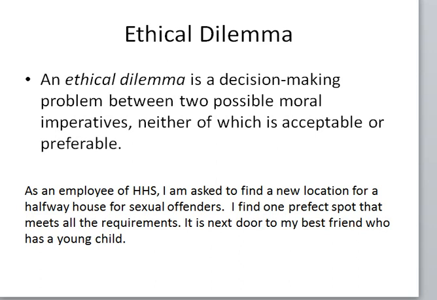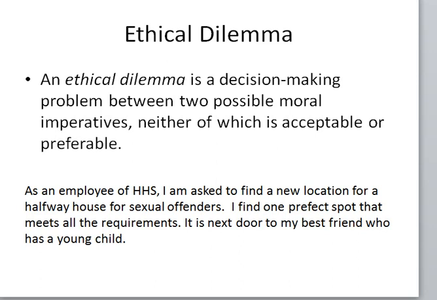And so here is my high value example. Let's say I'm an employee of the Health and Human Services Department, and my job is to locate housing for people, and my newest task is to locate a halfway house or a recovery house for sexual offenders. And so the things I might want to consider are being near a bus stop or being near a grocery, because people may not have cars coming right out of prison.